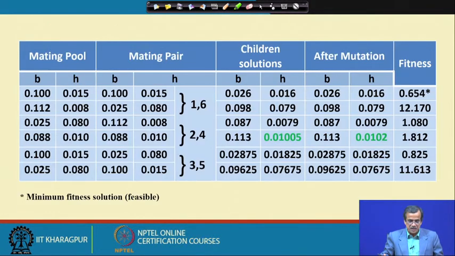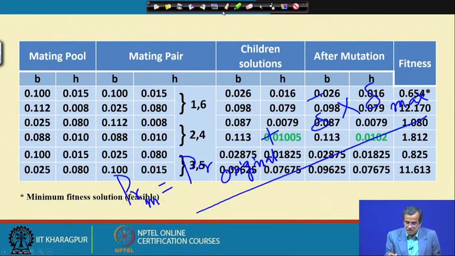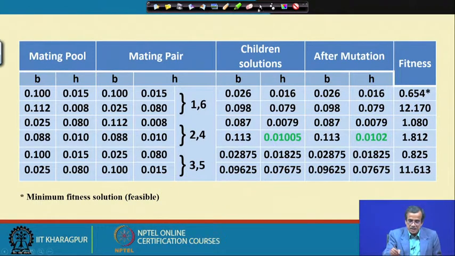Now, if I go back to this table, other things we have directly copied, only in place of this Chillen solution, now I have got the mutated solution.